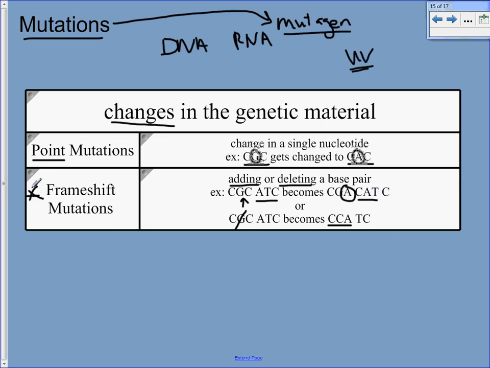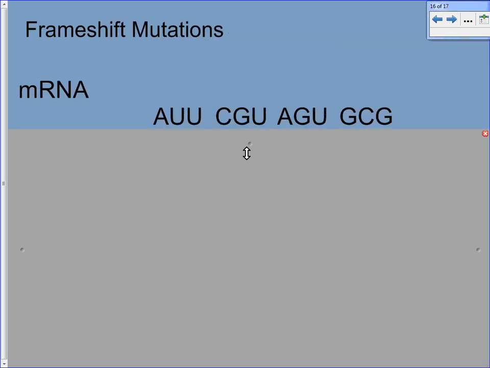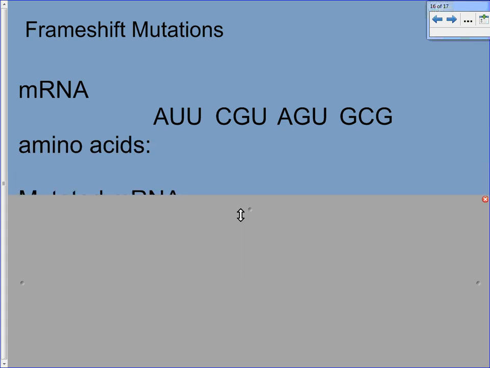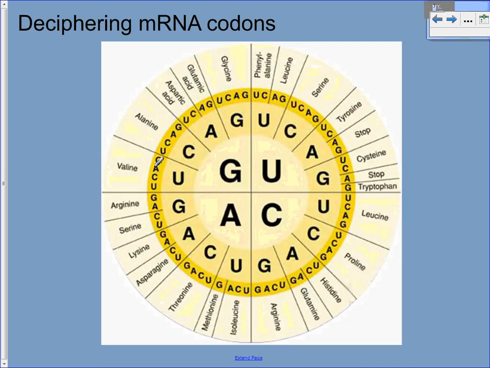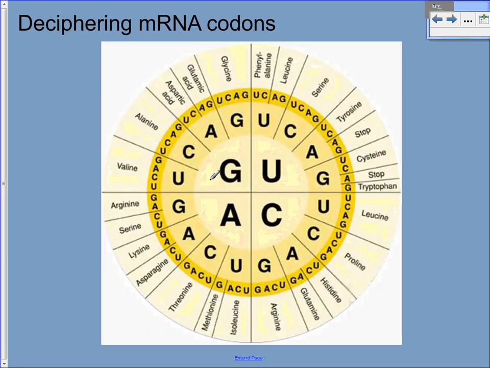Oops, wrong way. So this would be arginine, I'm just abbreviating. AGU would be serine. And then GCG would be alanine. And then it would go on from there. There'd be more codons that would code for more amino acids.